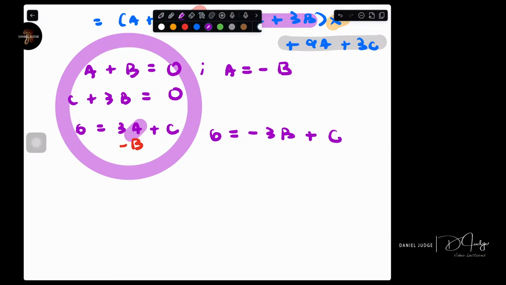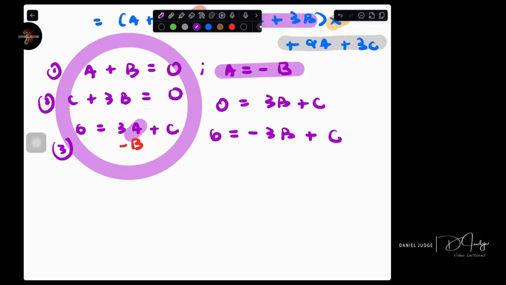So, solving the first equation for a and substituting the a value into the third equation. First, second, third. We already know that 0 is the same as 3b plus c from the second equation. So the second equation, we just didn't change at all.